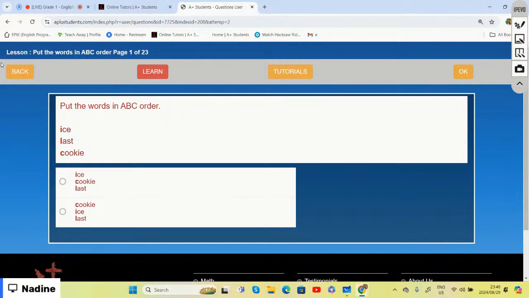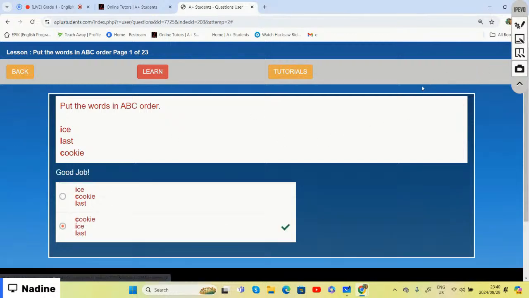All right, and if we were to put it in order, yes, if we put it in order, we will say it is first cookie, then ice, then it is lettuce.